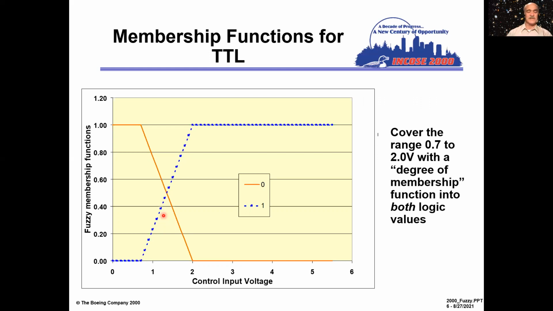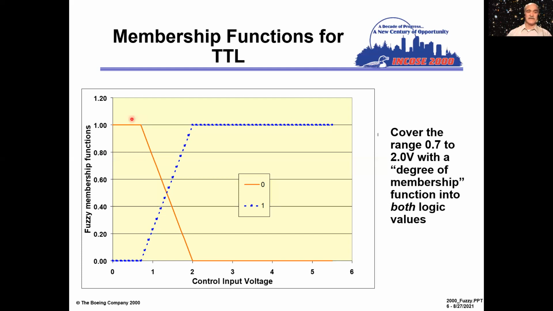So in fuzzy logic, you describe the degree of membership. That's a probability, if you will, from 0 to 1 that says over a certain range, in this case, from 0 to 0.7, the membership function in the state 0, the binary state 0, is 100%, and the membership function in the binary state 1 is 0.